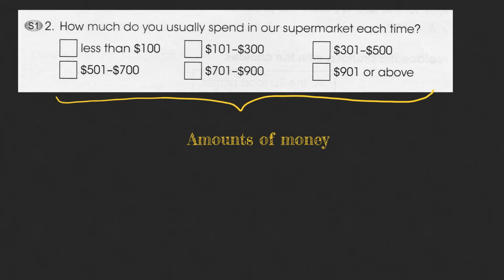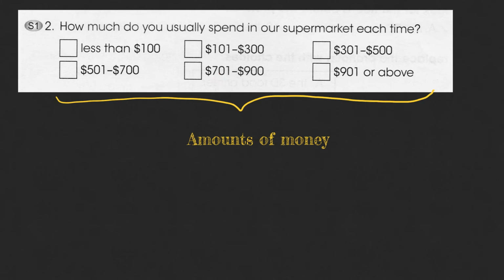So you need to have a self-check to see whether you know how to read all those numbers in English. This one, 100. This one, 101. Do you know how to read this one? How about this one?